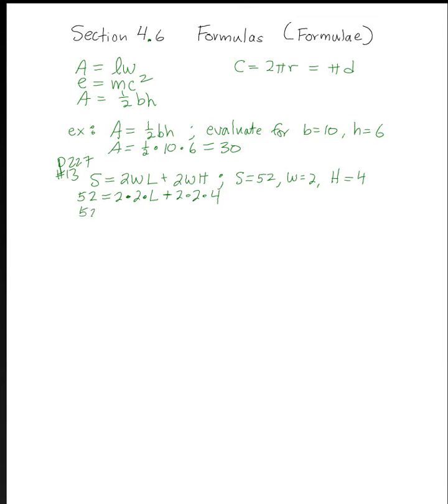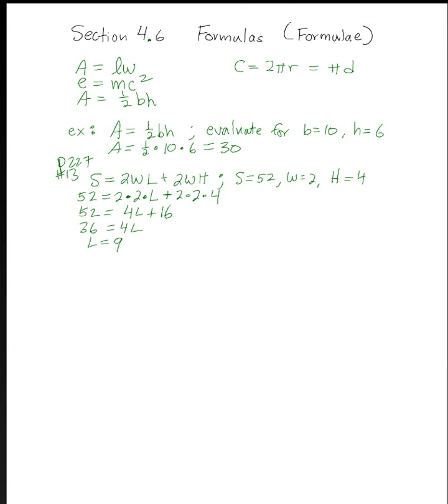All right, so 52 is 4L plus 16. And I got to solve this equation. 52 minus 16, that's 36, equals 4L. Divide by 4, L is 9. Okay, so again, that's what we mean by evaluate. You plug the numbers in, you figure out what's left. That's pretty much all there is to it.